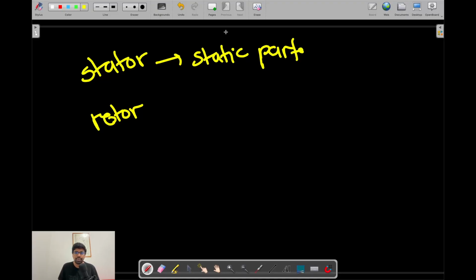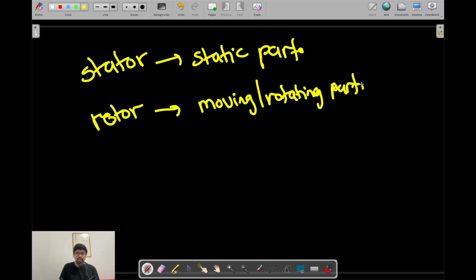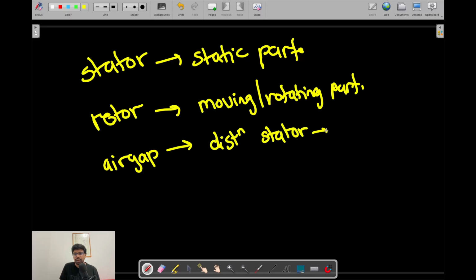And the rotor, as the name suggests, is the moving or rotating part. Then you have terms like air gap. Air gap is the air distance between the stator and the rotor.